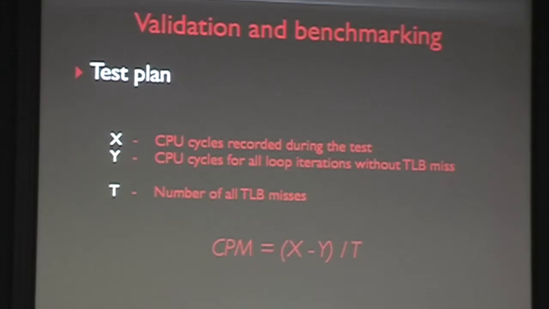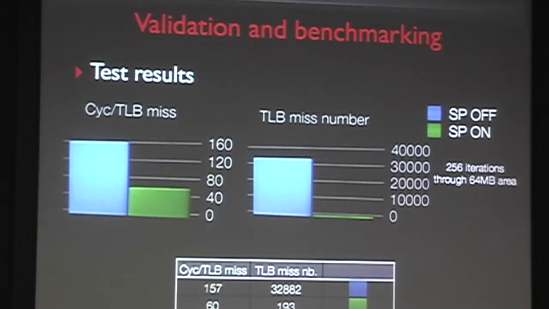So using this data and a simple formula that also involved checking how many cycles a row loop iteration takes for the test without a TLB miss, I was able to account for how many CPU cycles are wasted for a single TLB miss. And when Superpages are enabled, we saved almost 100 CPU cycles per TLB miss.